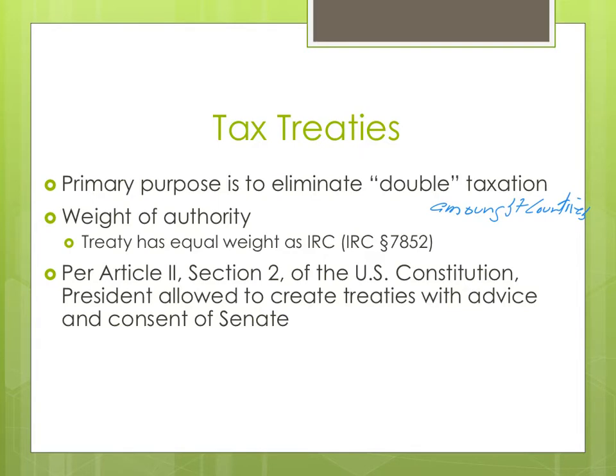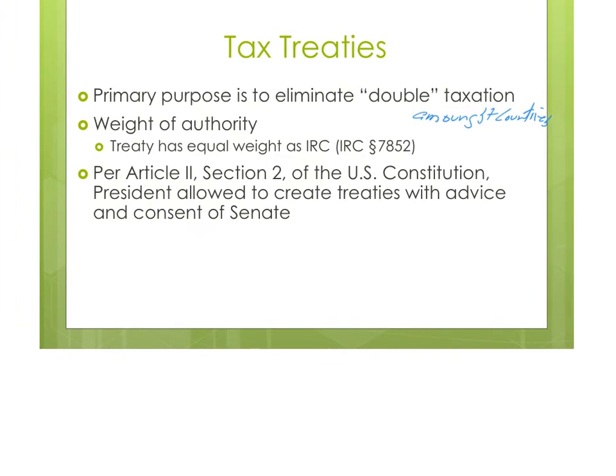Okay, an important item to know about tax treaties is they have equal weight as the Internal Revenue Code, and they can conflict with the Internal Revenue Code.